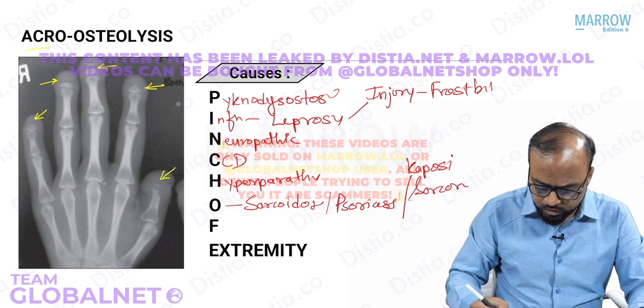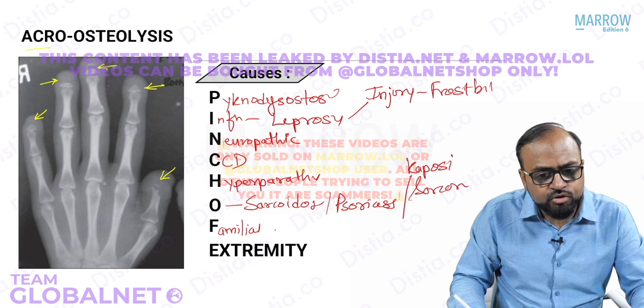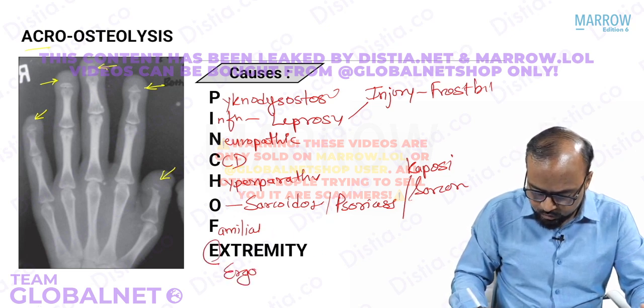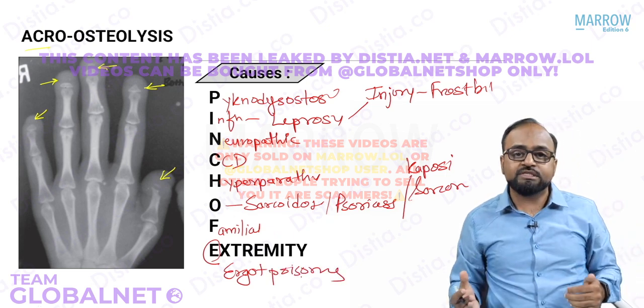Others, so this is a familial disorder sometimes. So these are other conditions. Certain familial disorders and ergot poisoning. So E stands for ergot poisoning.